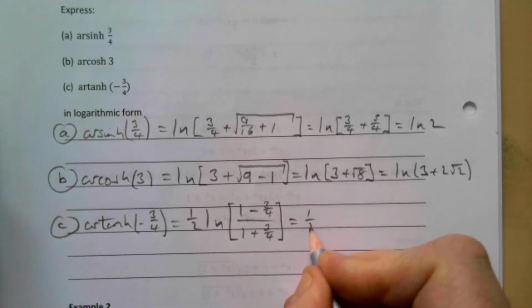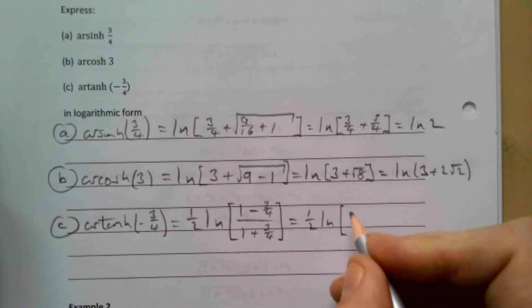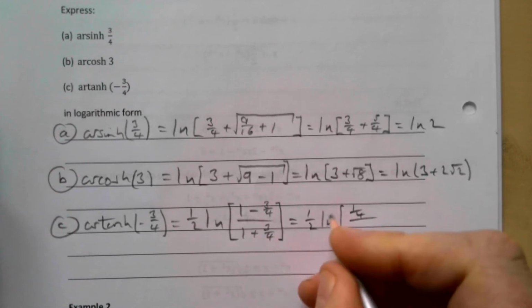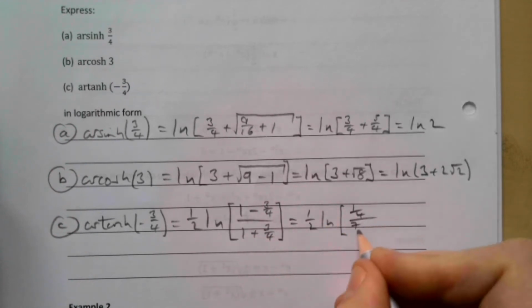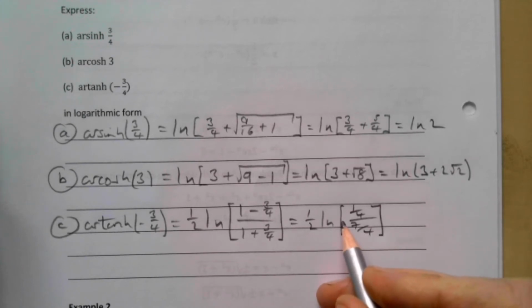That gives us a half ln of 1 take away 3/4, which is a quarter, on the top. 1 plus 3/4 then is 7 over 4. So effectively then I have a seventh.